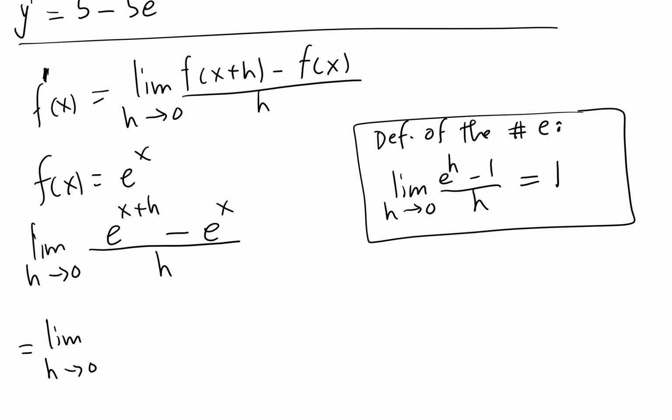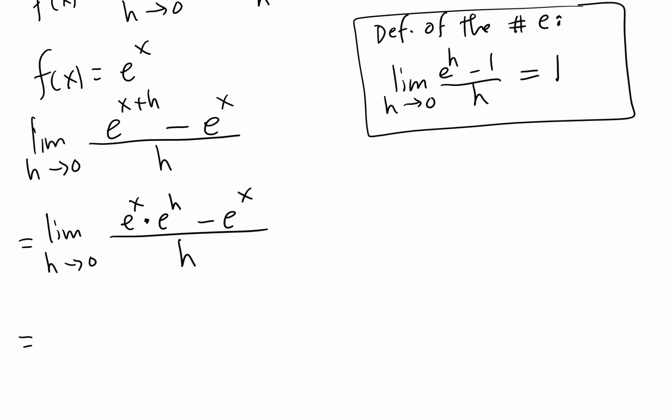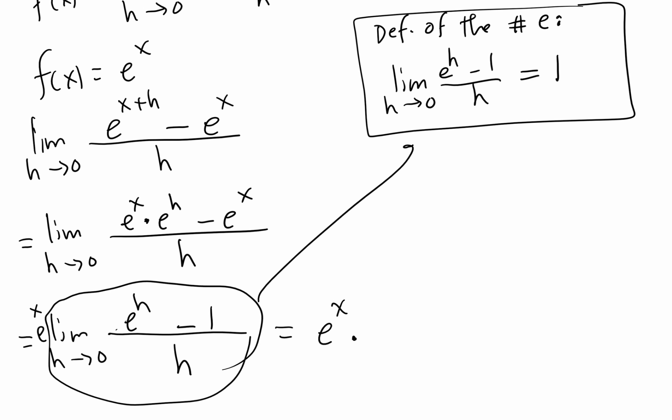We may rewrite the top one as e to the x times e to the h, backwards of exponent properties, minus e to the x, over h. Then we can factor e to the x out, which can be taken outside the limit because it's independent of h. And what is left inside? e to the h minus 1 over h. So this is e to the x times 1. And that's why we get e to the x.